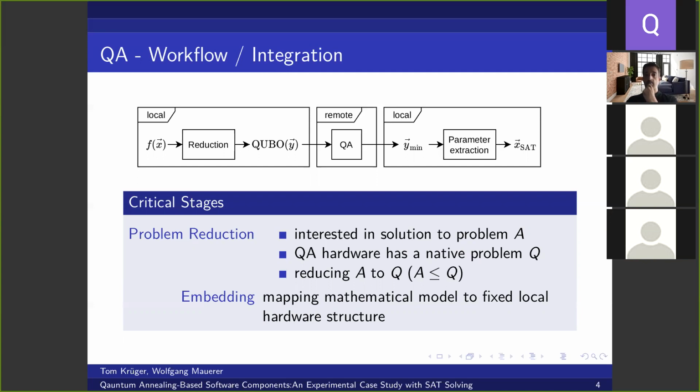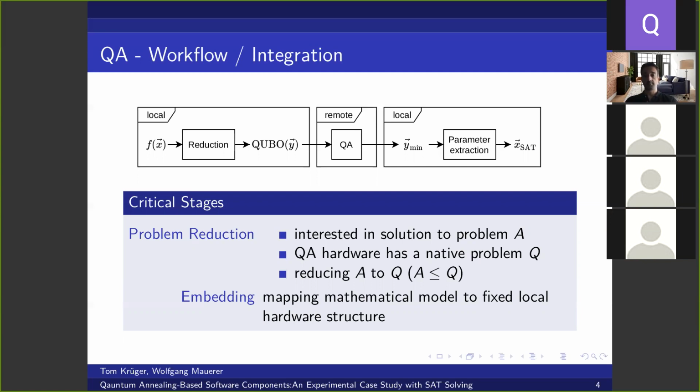But we have two critical stages we have to look into. First one is the problem reduction, where we are interested in a solution to a problem A. The hardware has a native problem Q. Then we have to reduce A to Q and pass it to the annealer.